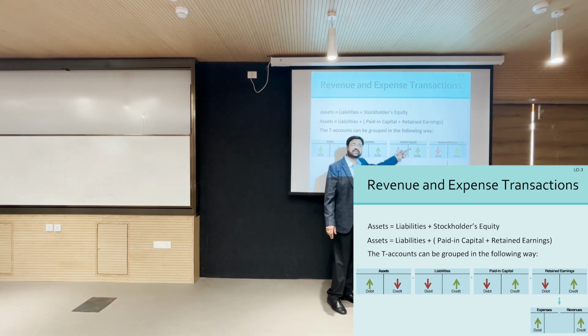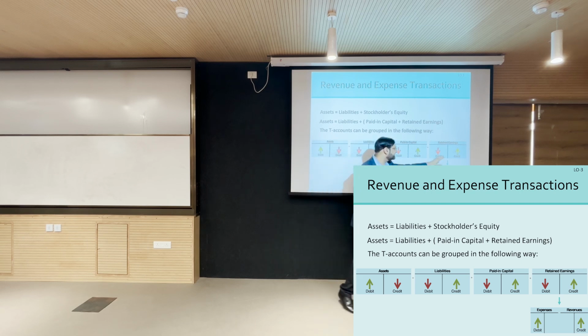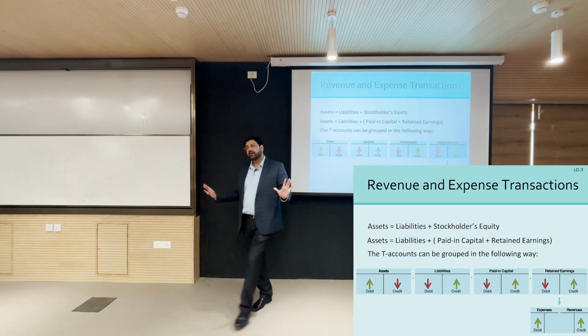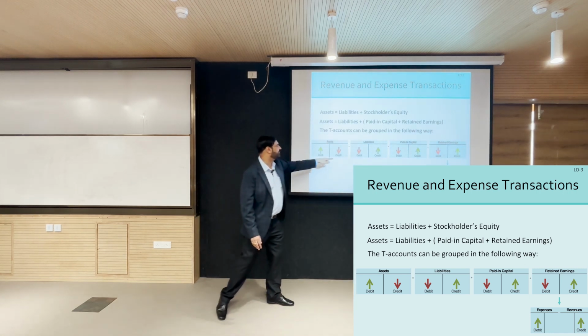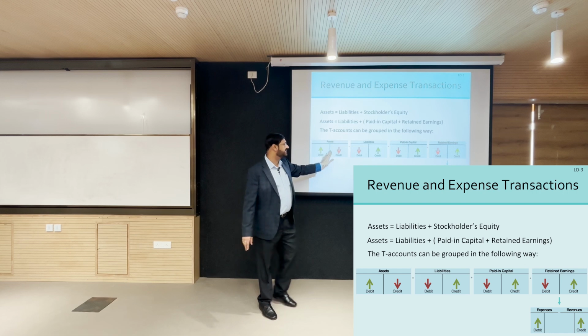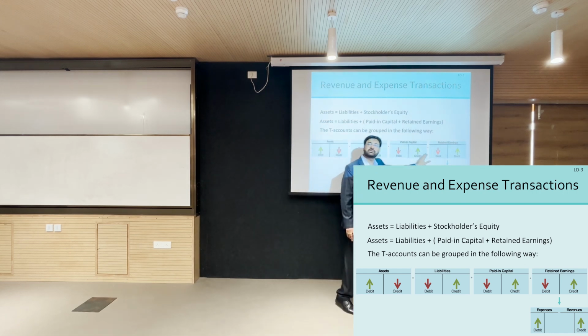Paid up capital is credit, increase is credit and decrease is debit. Retained earnings is credit, increase is credit, decrease is debit. So, first line is clear to all, and this is the only opening rule that we are imposing. Everything else follows from this rule.